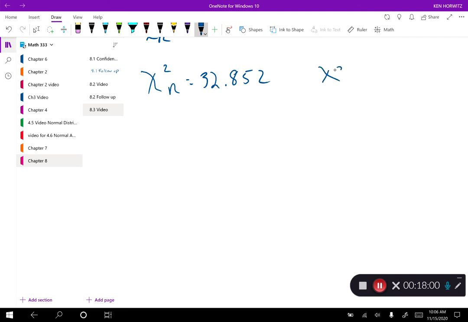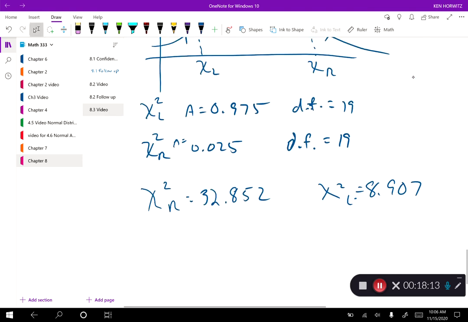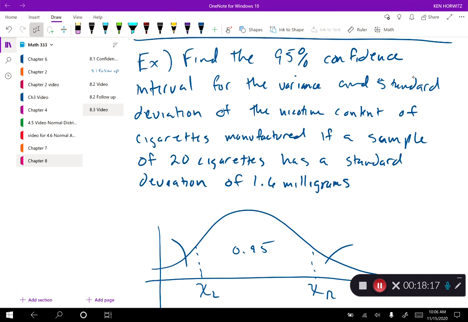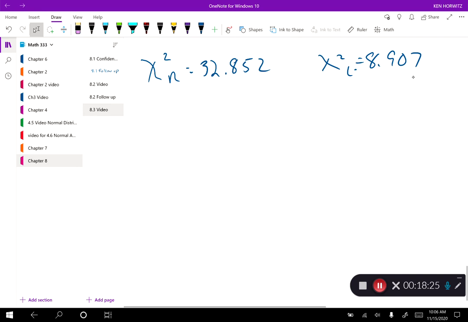For my chi-square left value, I got 8.907. All right, so now everything you need in this particular problem is right here in the problem, except for the chi-square values. So now that we have our chi-square values, let's just fill in our confidence interval.